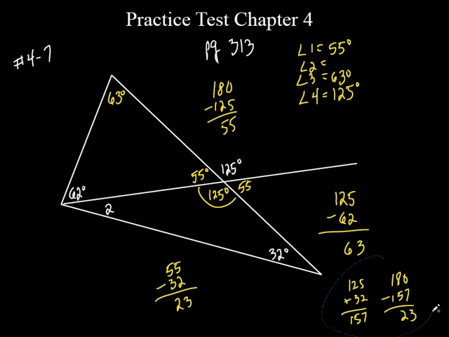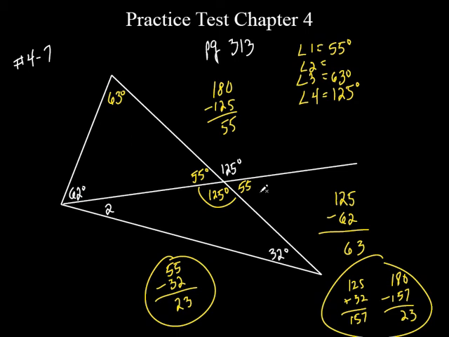So you would have had to do this much work if you didn't see that exterior angle, or this much work if you recognized it. So it's one step less. It's really not that big of a deal, but sometimes it shortens the amount of stuff you have to do. But some people have a hard time seeing that exterior angle. That could be a problem as well. And so that is 23 degrees. And then you've got all four of them.